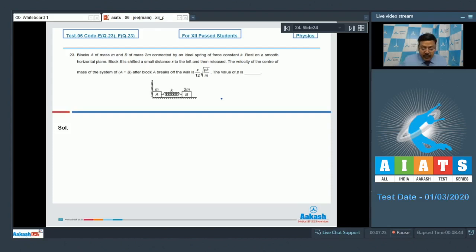So well, what's happening here is that when the block B is shifted towards left with distance x, the spring is effectively compressed by distance x, and so the potential energy stored in the spring becomes half k x square. So k is the spring constant or force constant, and x is the compression in the spring.